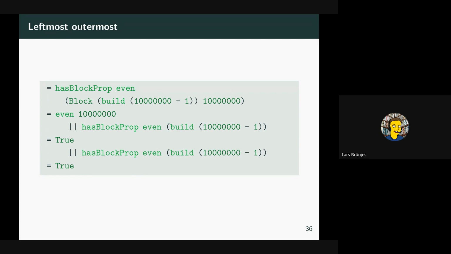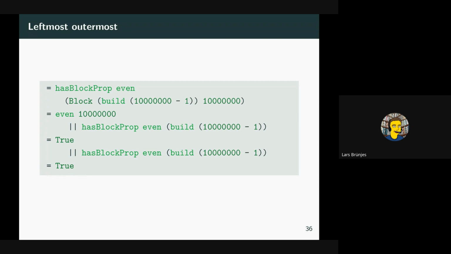Haskell does it the other way around, so it goes from outer to inner. And that has the effect that sometimes, like in this example, it doesn't need to evaluate everything because it already knows the answer without need to evaluate further. That's why it's called lazy evaluation.